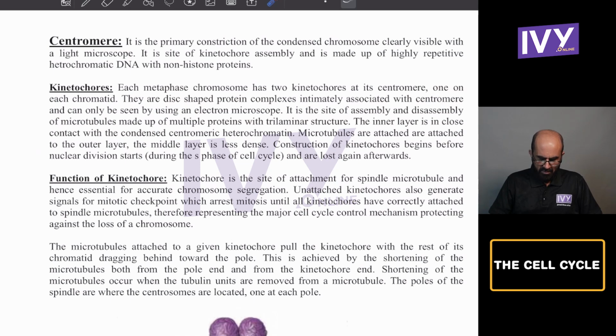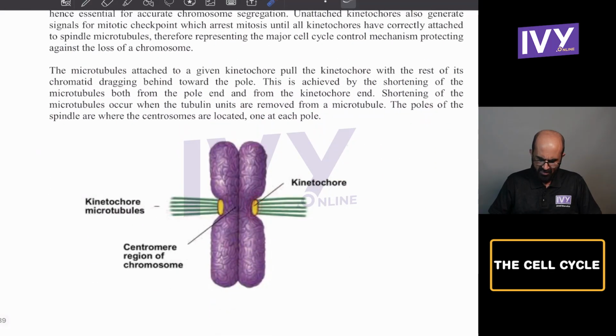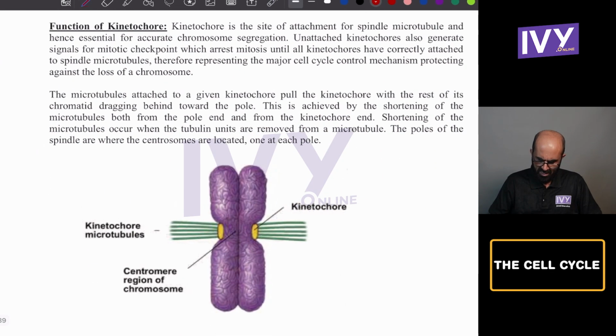Kinetochore is made up of multiple proteins with a trilaminar structure. Trilaminar means it's made up of three layers. If this is the kinetochore, it's made up of three layers. The innermost layer is connected with the DNA. The outermost part is connected with the spindle fiber, and the middle part is the connective part which joins these two portions together.